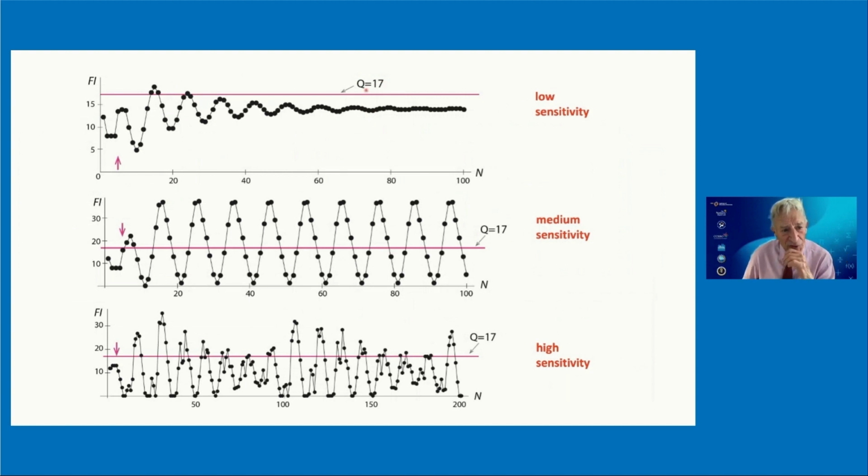If the desired inventory is 17 and your sensitivity is low, you will come to a steady state after many weeks, although missing the desired management target for inventory.